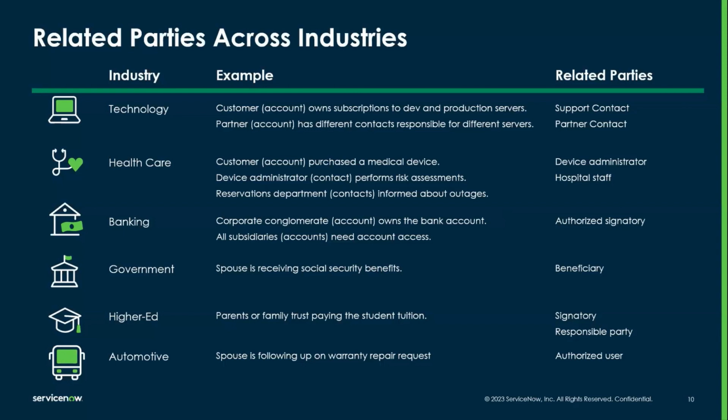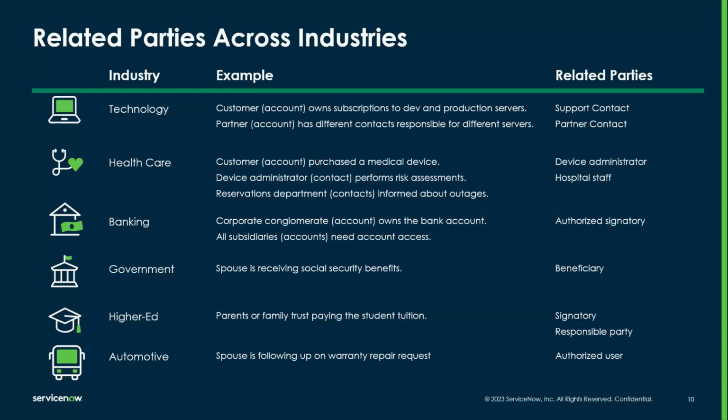Or in a healthcare scenario, maybe there is a medical device that's purchased, but the device administrator needs to know from a risk assessment on when it is up, maintenance, and all those kinds of things. But the reservation department needs to know if there are any outages and things like that, so that they stop scheduling patients for use of this device.